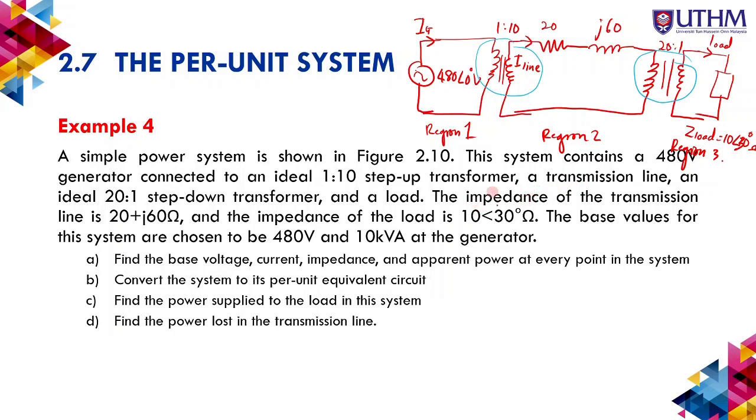The impedance of the transmission line is 20 plus J60 ohm, and the impedance of the load is 10 angle 30 degree ohm.